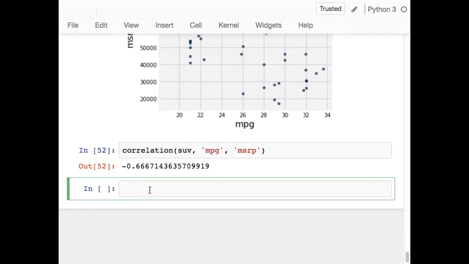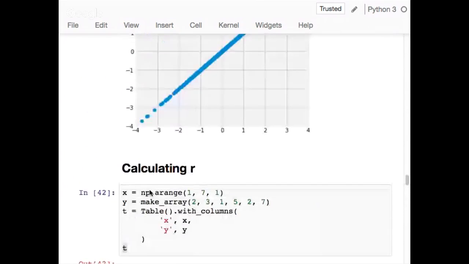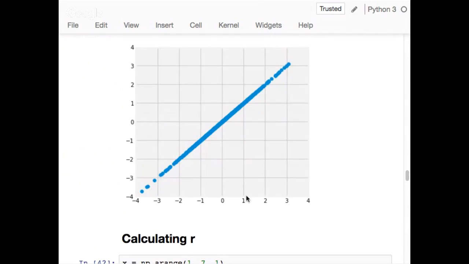The more correlated two variables are, the easier it will be to predict. Let me scroll back up. Suppose I'm trying to figure out, given some value of x, what my value of y is. If my two variables are perfectly correlated, I know for certain what value of y is given a value of x.